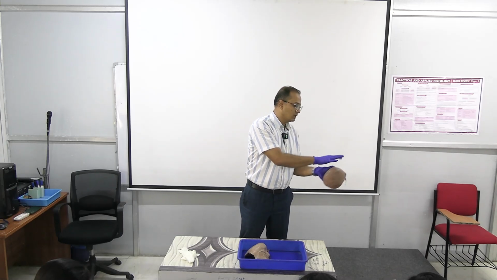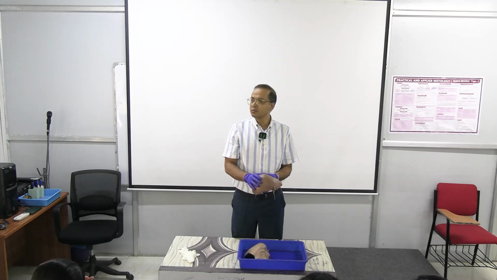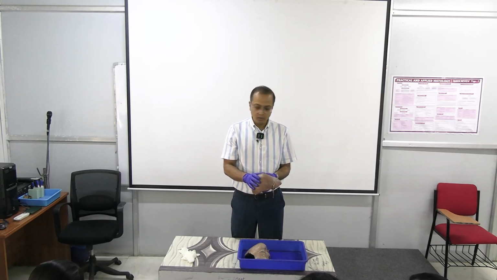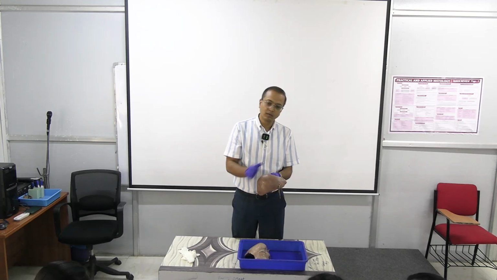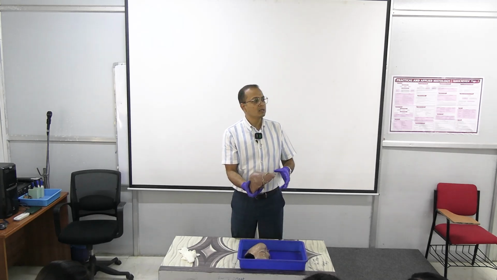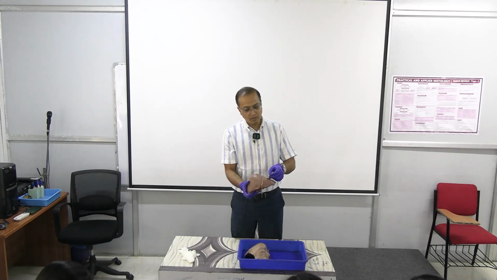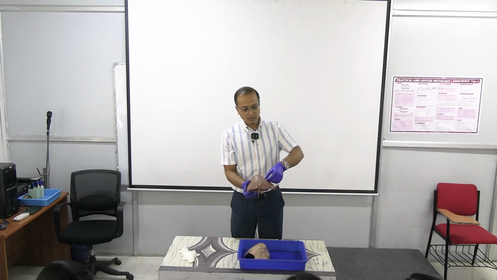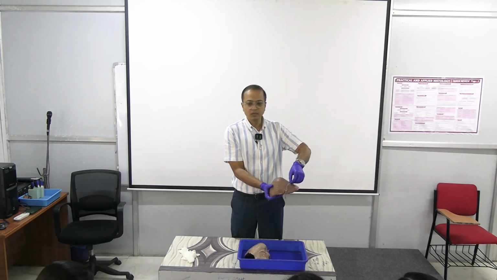This is the right side of the liver, and this is the left side. The liver has two lobes anatomically: we call this the right lobe and this side the left lobe. These lobes are unequally divided. The right lobe is larger than the left lobe and is split by an attachment of a fold of peritoneum, the falciform ligament.